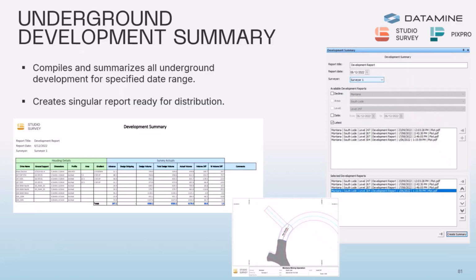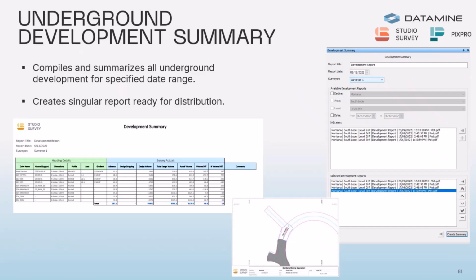So this tabulates every level that you've done a survey for and spits it out into a final report that can be sent directly off to whoever needs it or stored on whatever location you like, all in the PDF, ready to go. So that'll include your summary table and plots of each level.